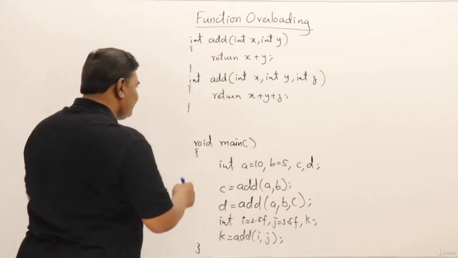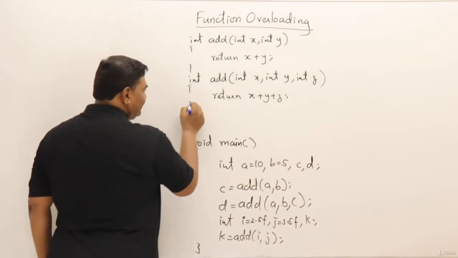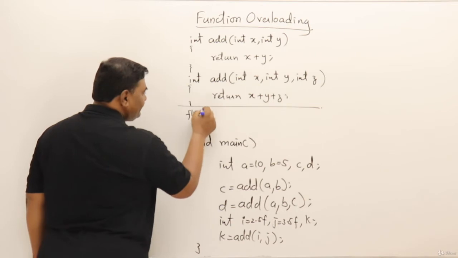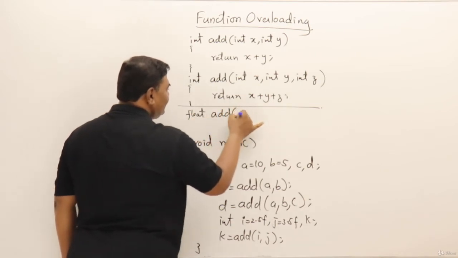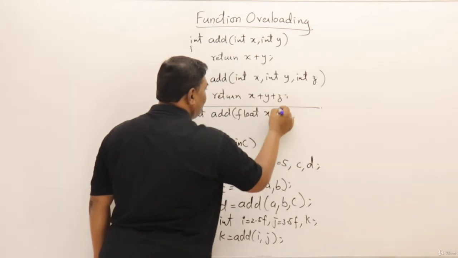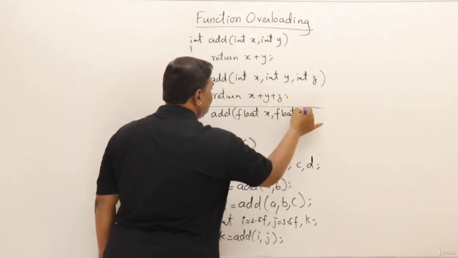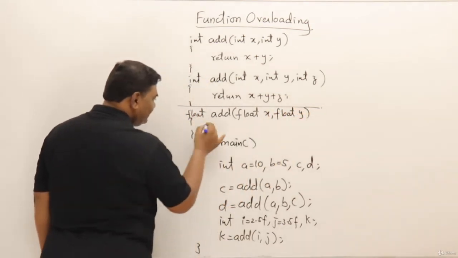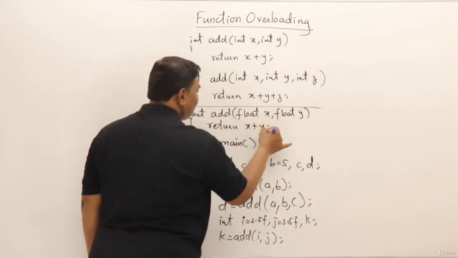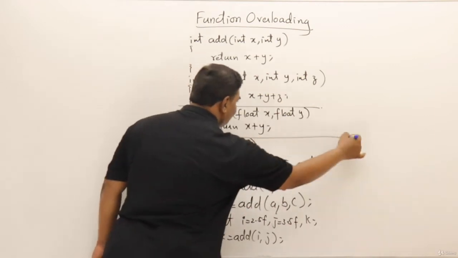No. Can I write such a function? Let me write it here in a small space. I'll just separate it. So float add, which is taking two floats, float x and float y, and this is returning x plus y. Yes, I'll separate this also.